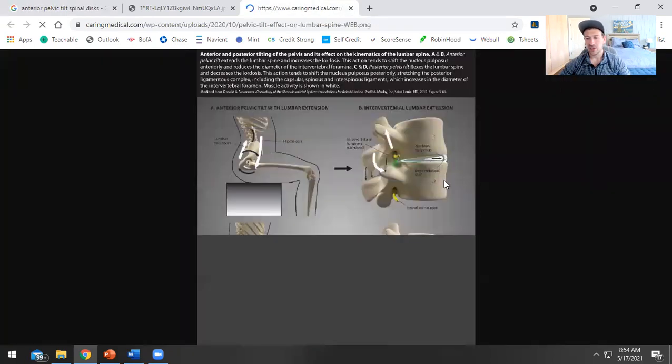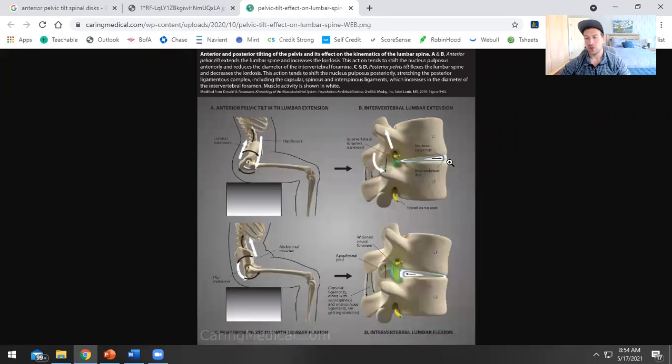Actually, yeah, here, so you can see this, right? You can actually see the amount of space in between the discs here. So this is a posterior pelvic tilt, and this is an anterior pelvic tilt. There should be about an even amount of space in the discs here. If we're sitting nice and upright, we want this Jenga stack to be well balanced and go straight up, right?